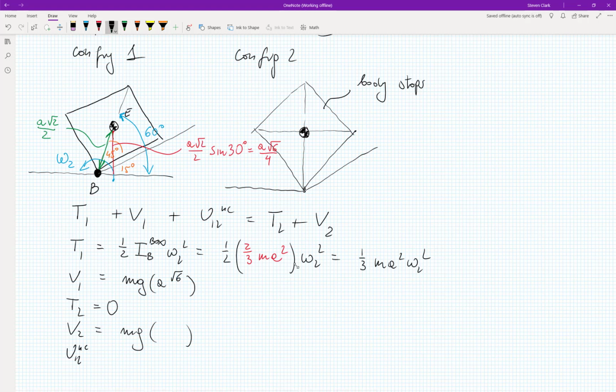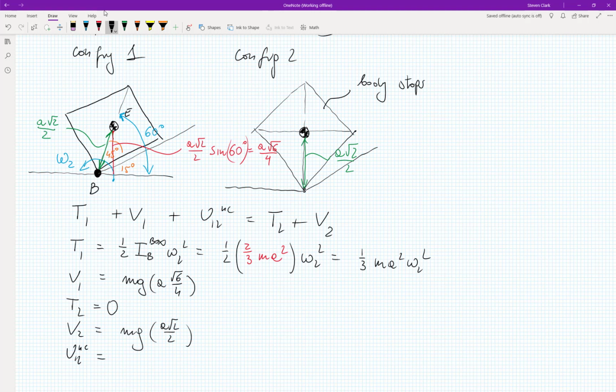A square root of 6 divided by 4. Of course, times g here. Okay, and the final elevation is here. This is just a square root of 2 divided by 2. Great, 80% of the problem done.